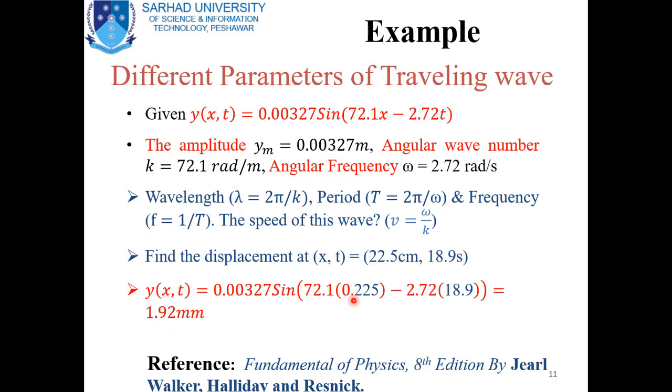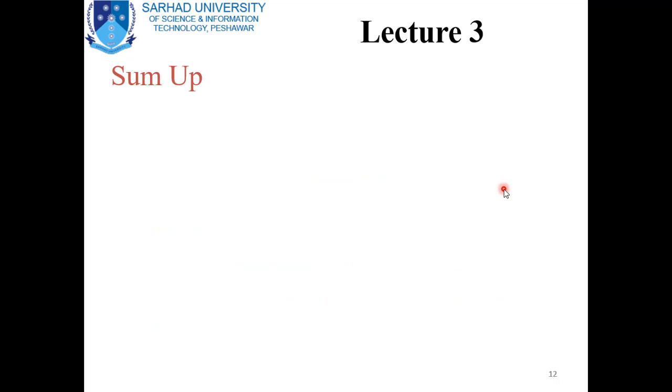Remember, I took 22.5 centimeter as 0.225 because I converted it into the standard unit, which is meter. So the instantaneous displacement of the particle from the origin is 1.92 millimeter. Let's summarize today's lecture.